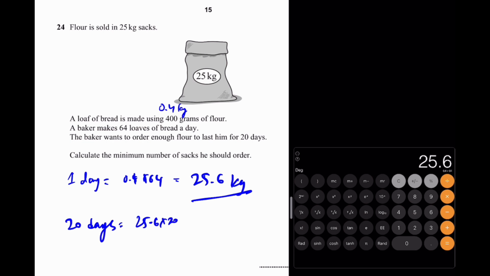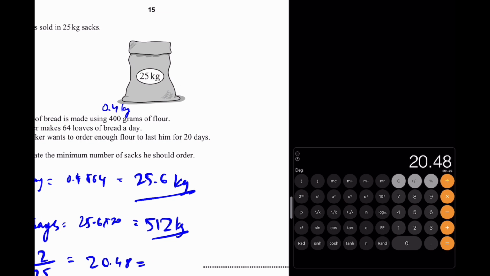We can do that like this, 512 kilograms. Now the number of sacks you should order is going to be 512 by 25. That will be equal to 20.48. But then we cannot have a decimal number of sacks. So we round it up to the nearest integer. That's 21 sacks. That's the answer.